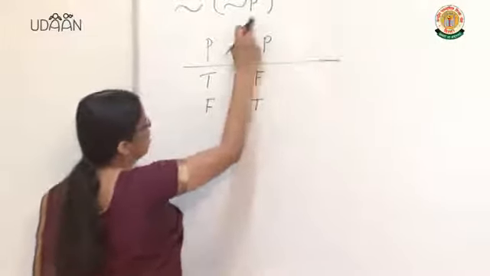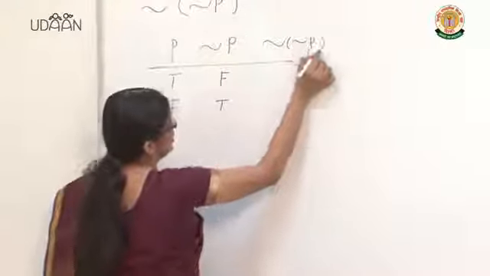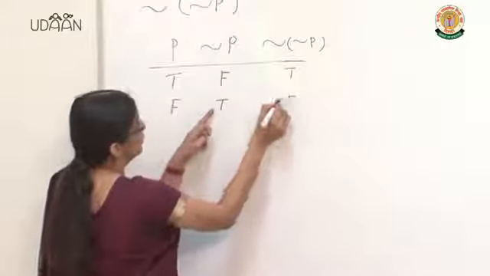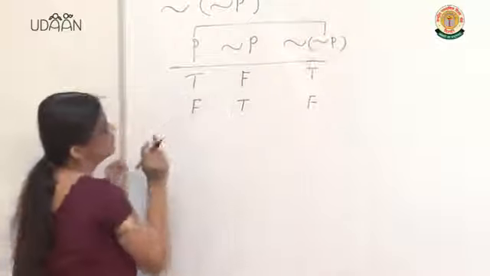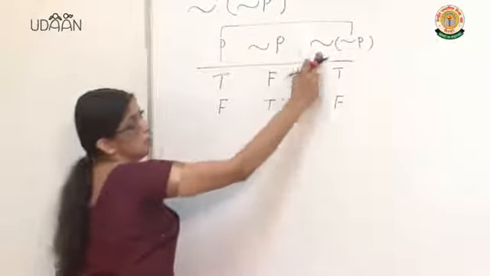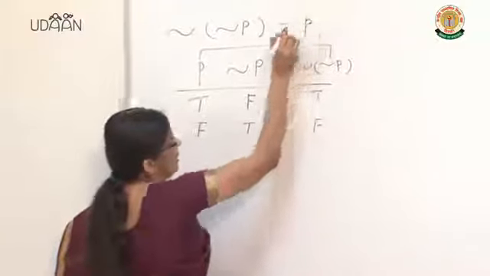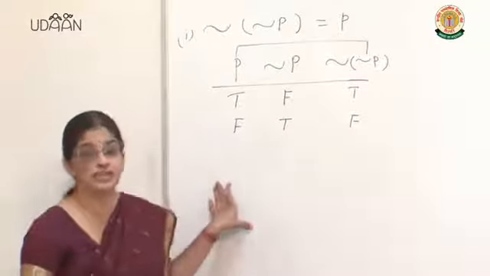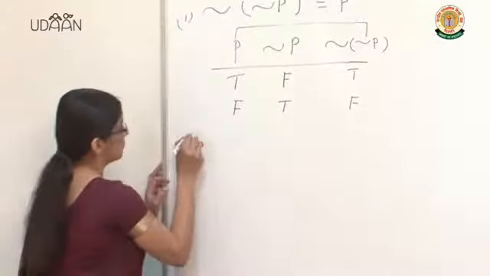We have to take negation one more time, the negation of negation of P, which gives you true or false. See the first and last column. What does it imply? Negation of negation of P is the same as P. This is the first property. Proceed to the next one.